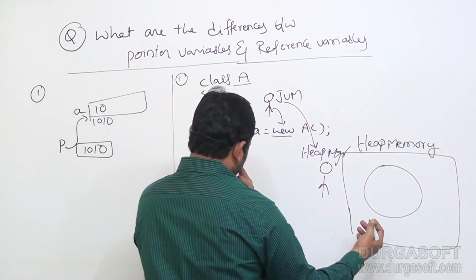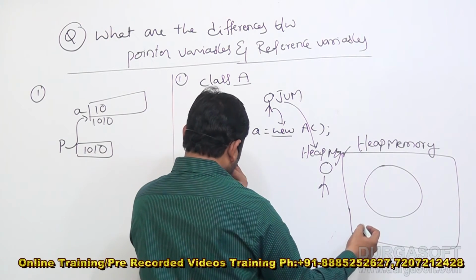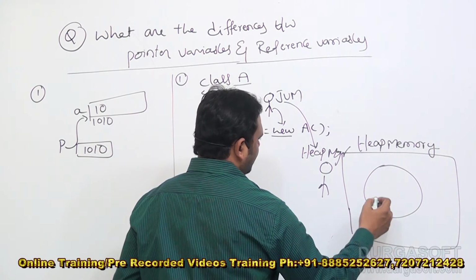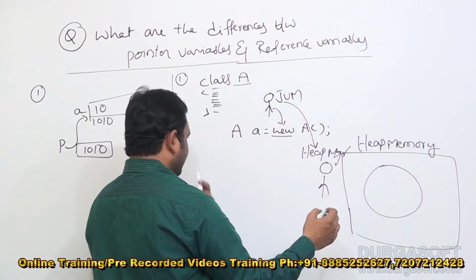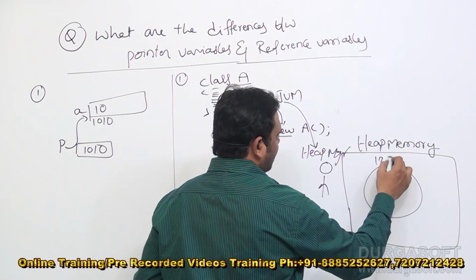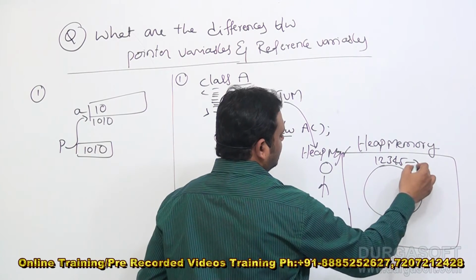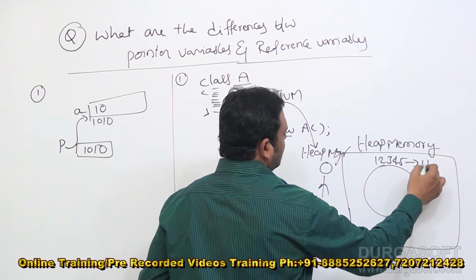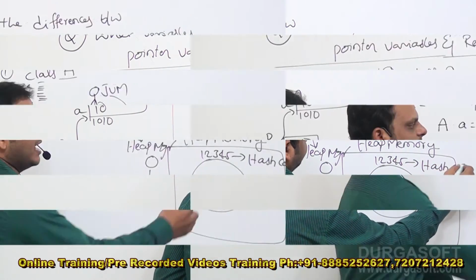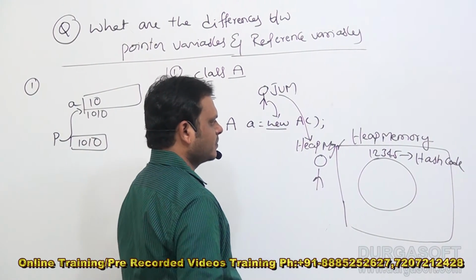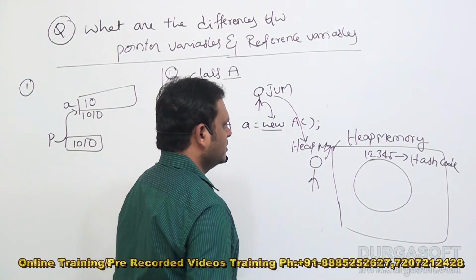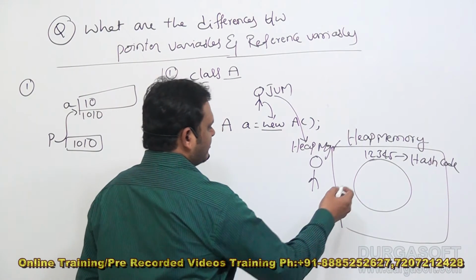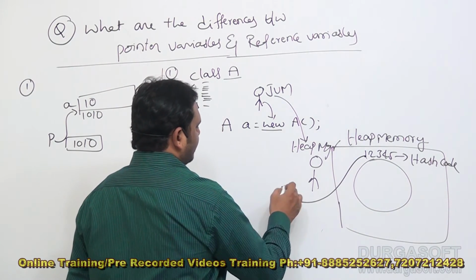Whenever this object is created in heap memory, an identity is automatically created for it. That identity is available in the form of an integer value. This integer value is called the hash code of the object. When the hash code value is created, the heap manager will send it to JVM.